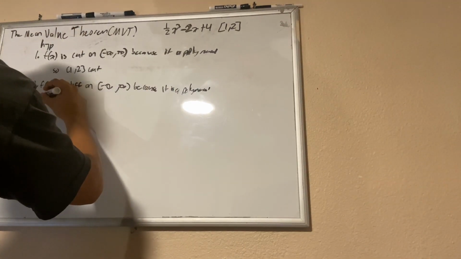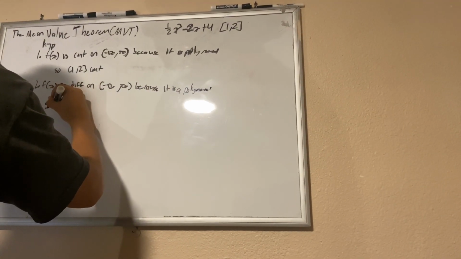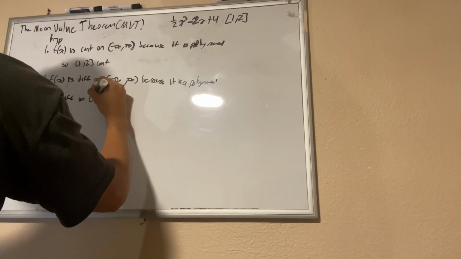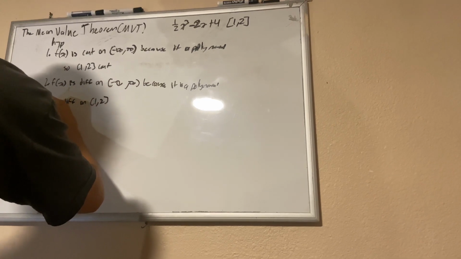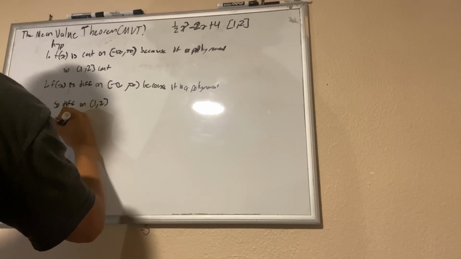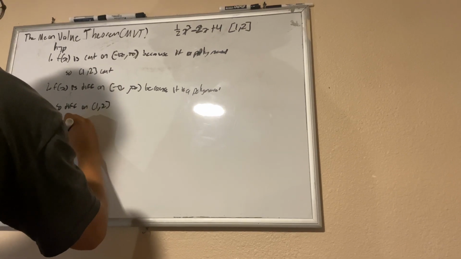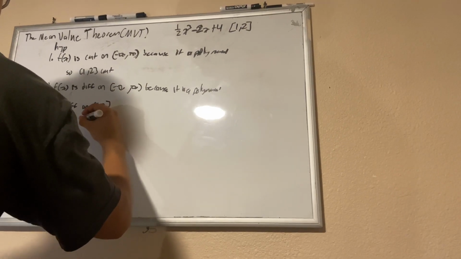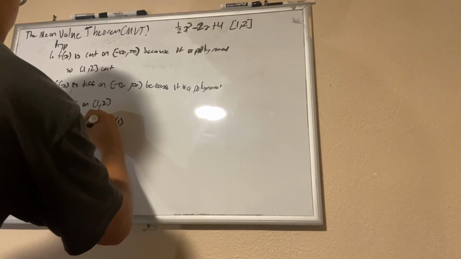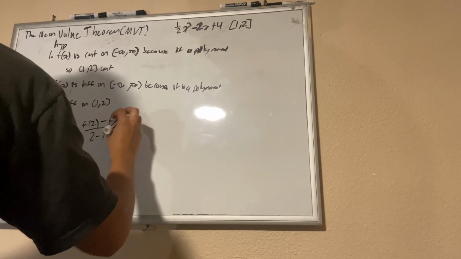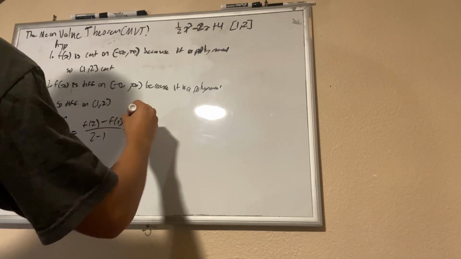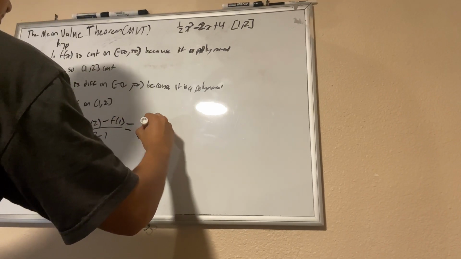And same thing as the top, so this is differentiable on 1 to 2. And so conclusion would be f prime of c is equal to f of 2 minus f of 1 over 2 minus 1. And this, when I did the calculations, is equal to 0.375.